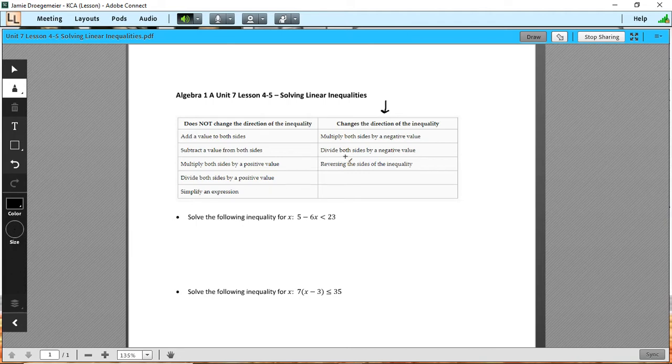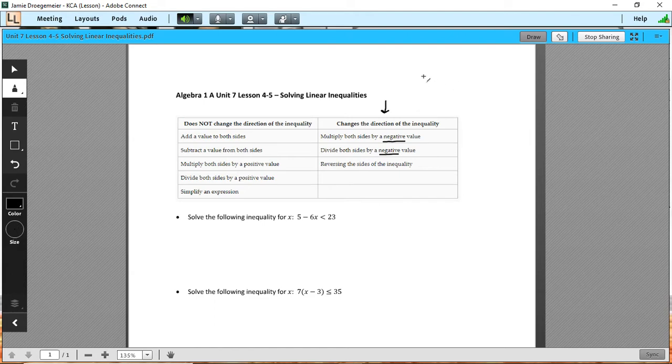So as we're solving an inequality, if we have to multiply both sides by a negative value, or if we have to divide both sides by a negative value, that's going to change the direction of that inequality symbol. We'll see some examples as we work through some problems. Anytime you're multiplying or dividing by a negative value as you're solving, it's going to change the direction of that inequality. They also include here if you're reversing the sides of the inequality.